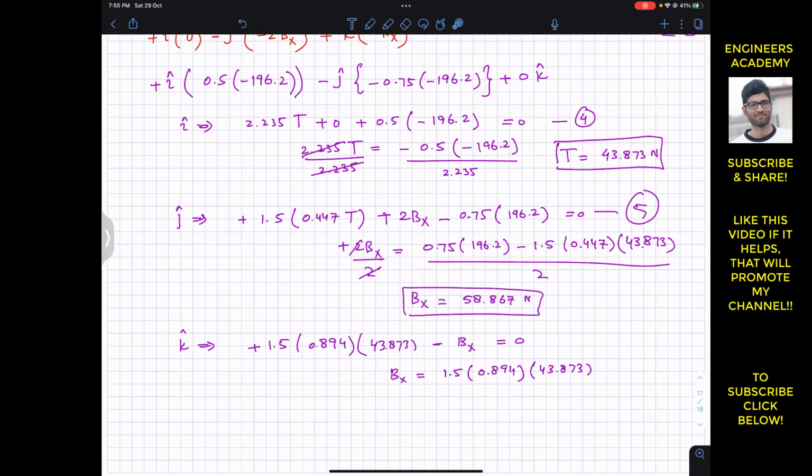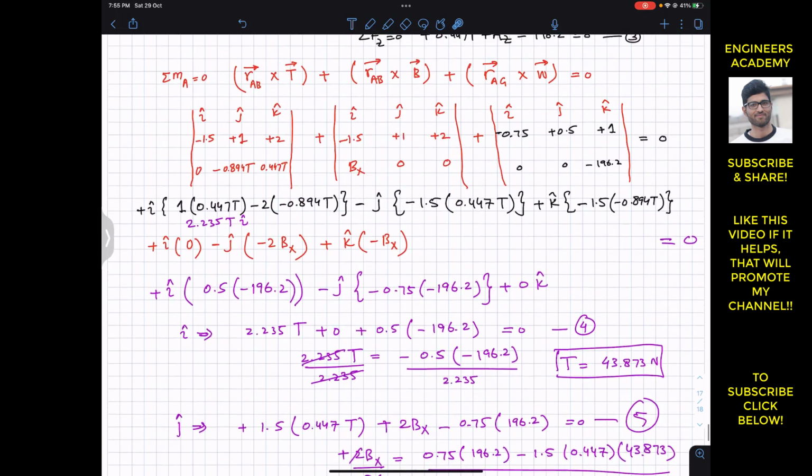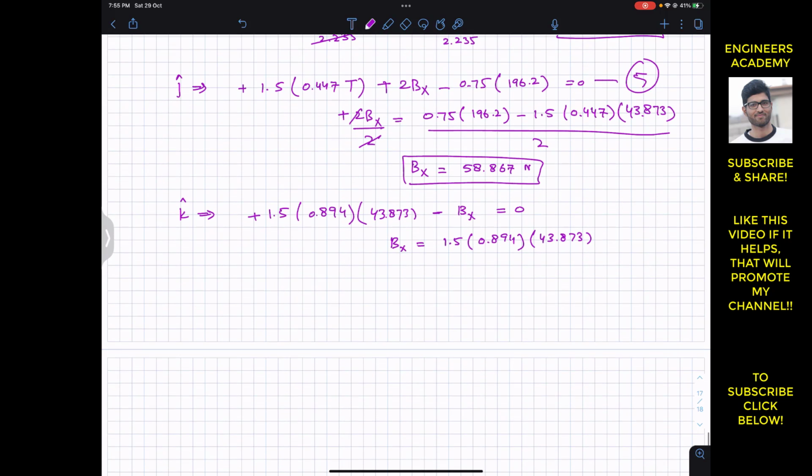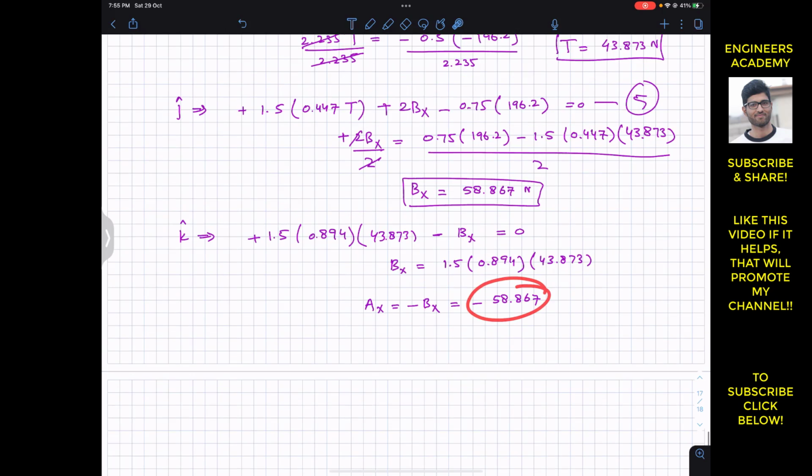Now once we find Bx and T, using equation 1, Ax is equal to minus Bx. So Bx is 58.867. From the minus sign we can say that the assumed direction of Ax is not accurate.